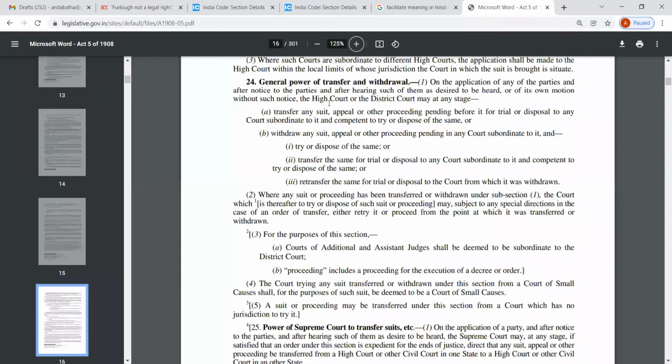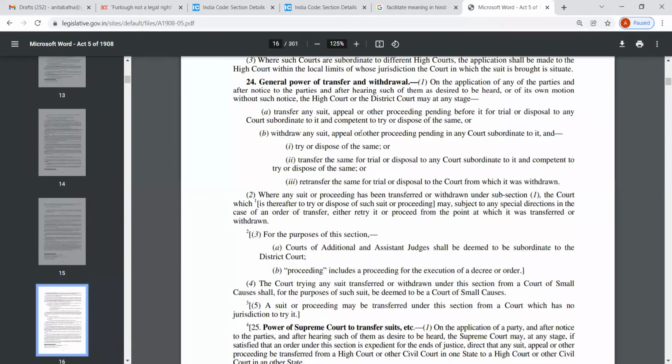Now section 24 is regarding High Court or the District Court may at any stage transfer any suit, appeal or other proceeding, any proceeding for that matter, pending before it for trial or its disposal to any court subordinate to it.